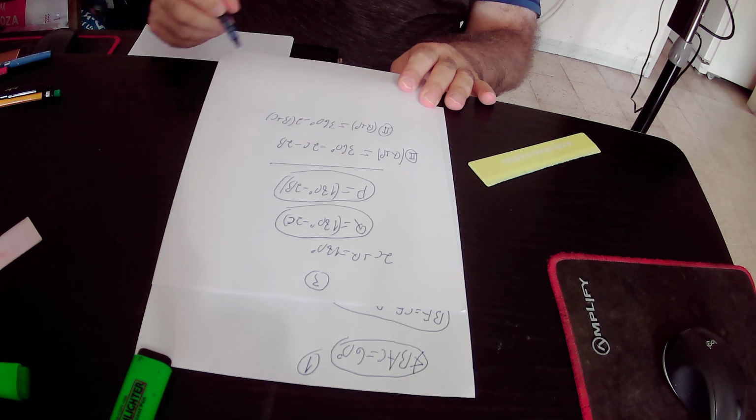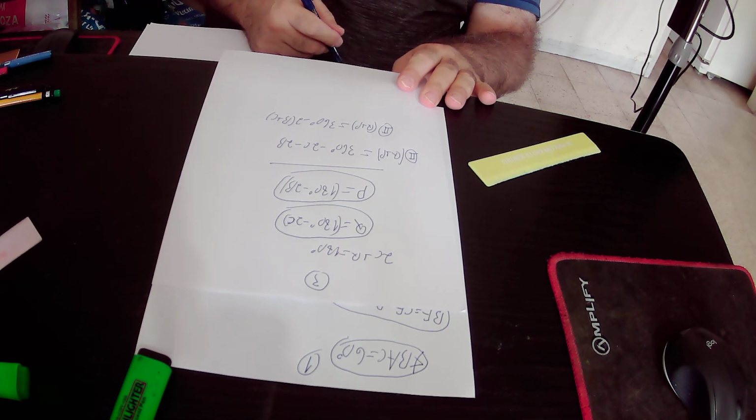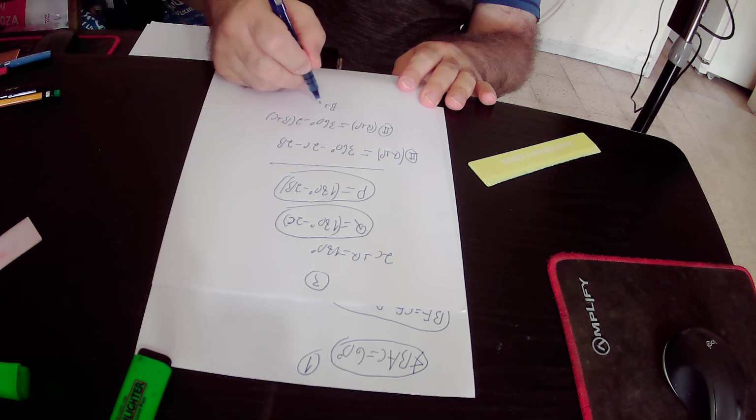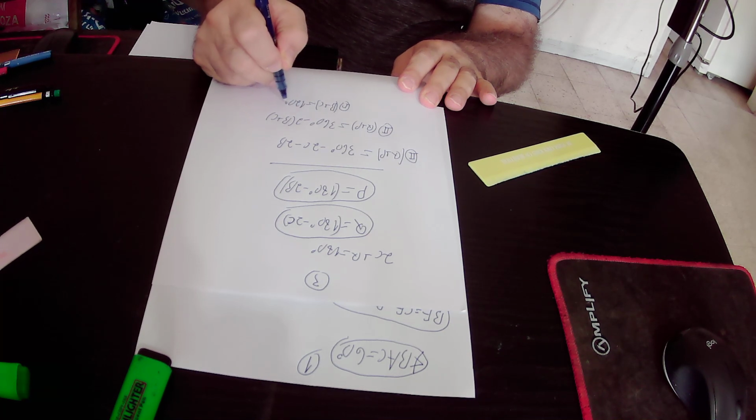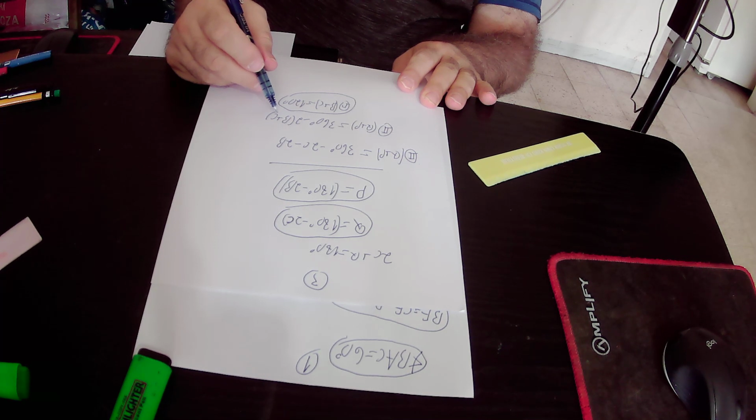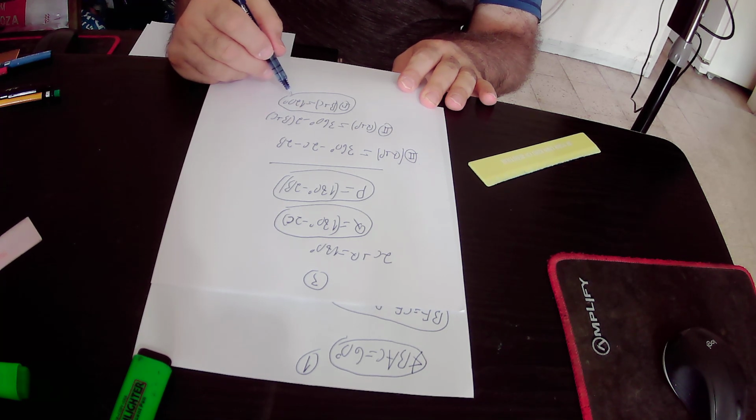But we have already found out that B plus C, according to equation number 1, equals 120 degrees. So we can substitute B plus C in equation number 2 by 120 degrees.